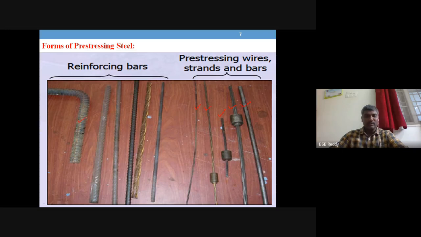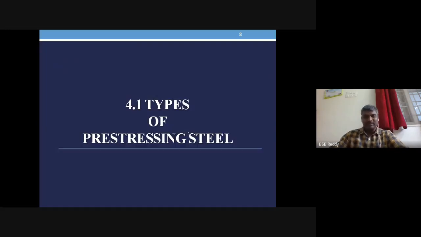These are very normal HYSD bars, of different dias. So that's about forms of steel. You have wire, strand, tendon, cable and bar. These are the different forms that are available, and you may use them depending on your requirement.